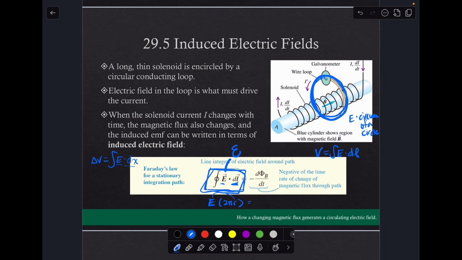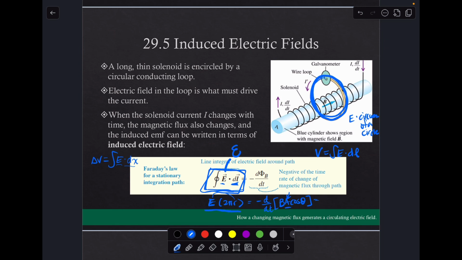And then the right-hand side is going to be the change in flux, okay? Where the area here is usually also the area of a circle, but it may not be the same circle where you know the field, right?